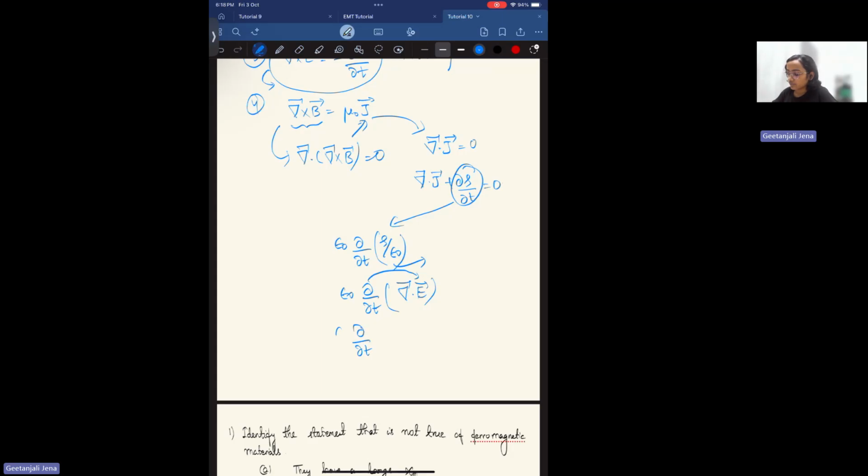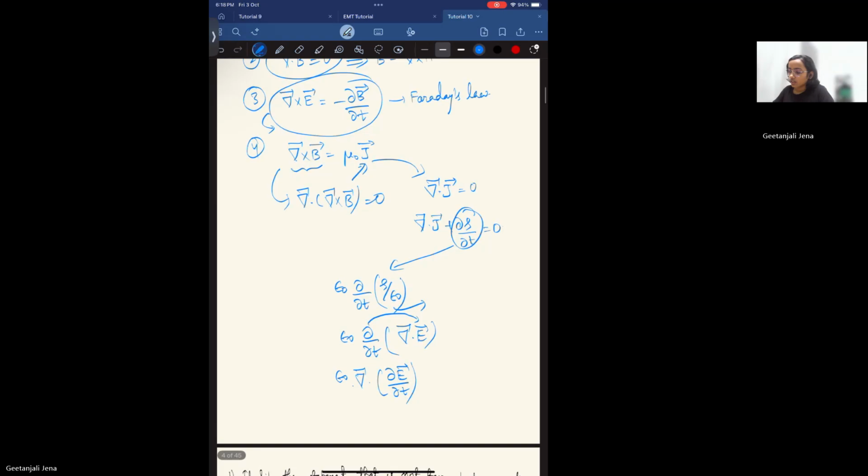So this gives epsilon naught divergence of dou E by dou t. So in addition to this term, we should have epsilon naught dou E by dou t so that the right hand side matches the left hand side.